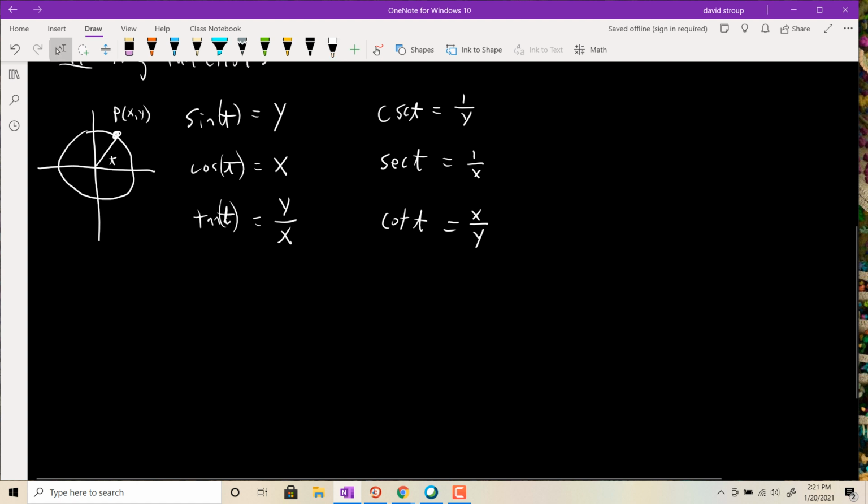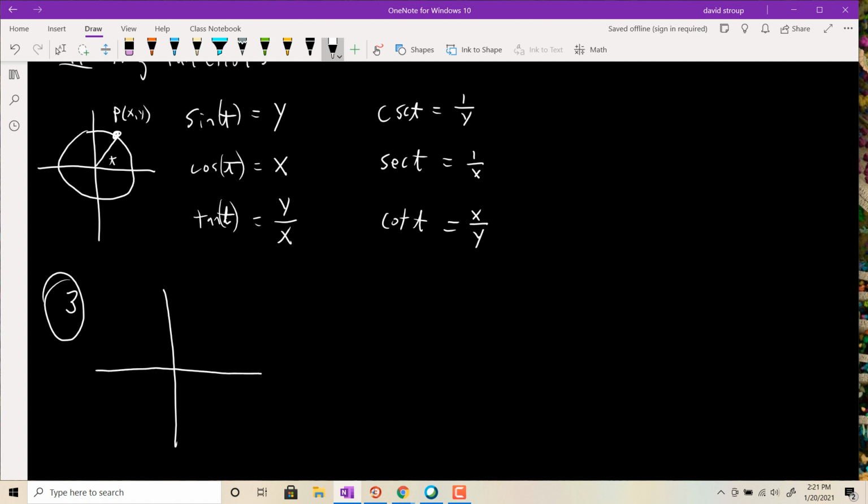Okay, so if somebody gives you a point on the unit circle, you should hypothetically be able to go through and tell me the trig function of that angle, that particular angle. Okay, so let's look at, this is problem 3 in the book. And our angle is going in the negative direction, so it's going to go down like this, and there's its terminal side.